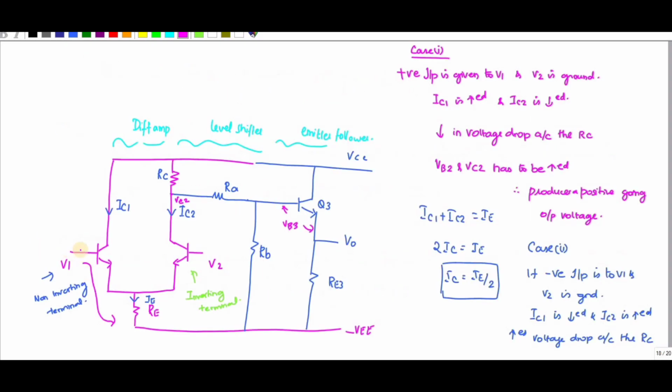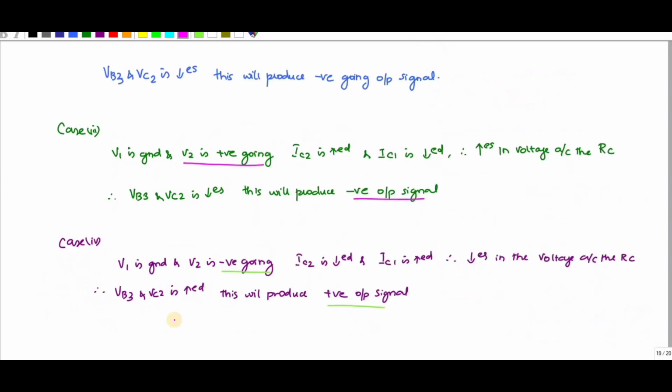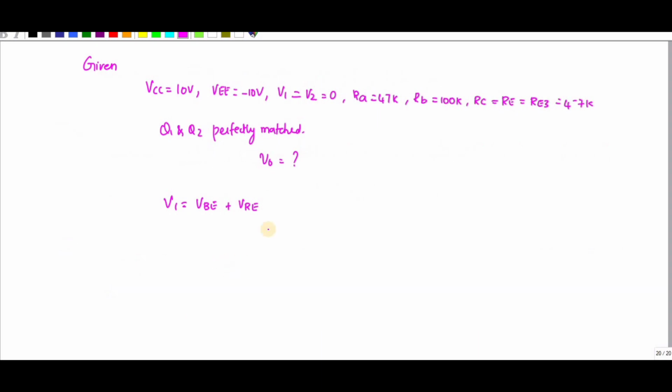This is your VBE, okay? Plus VRE. This is your VRE. Plus VE, right? So I can take VRE is equal to, this is your 0, right?